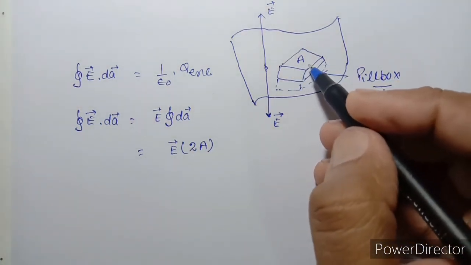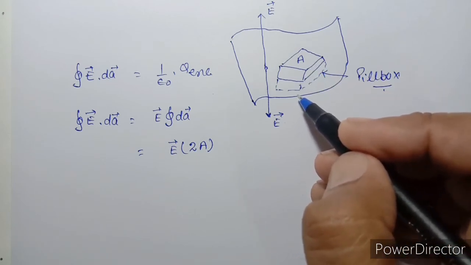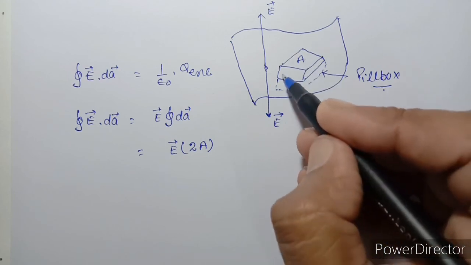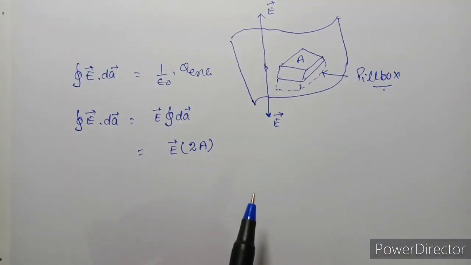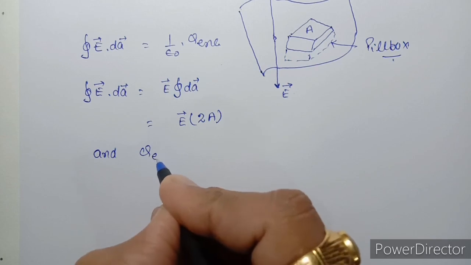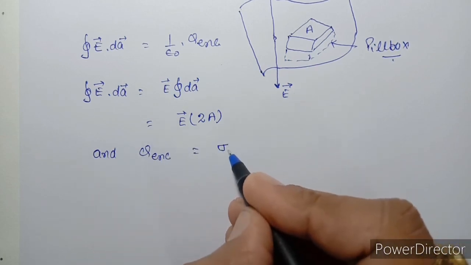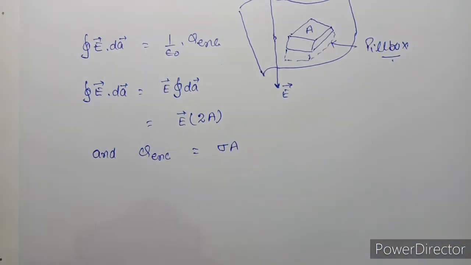Because A is the area of the top surface and A is the area of the lower surface, so we get A plus A, 2A, and the sides do not contribute to this area. The second point is the total charge enclosed, which is sigma A.